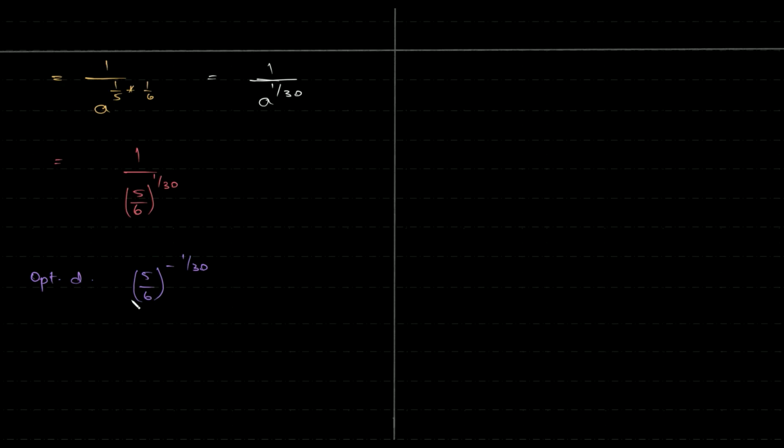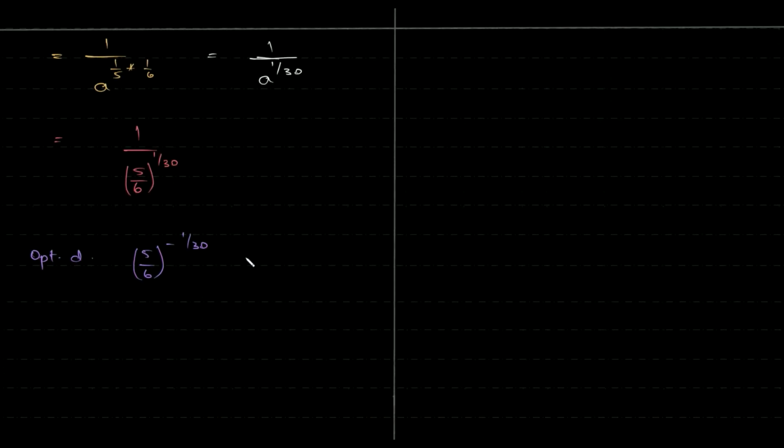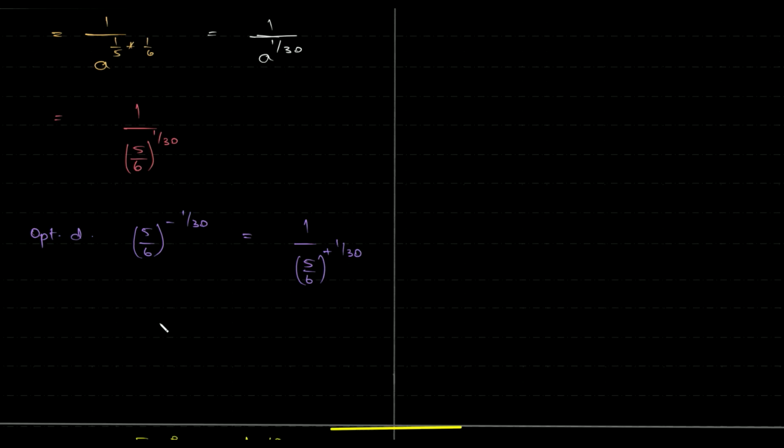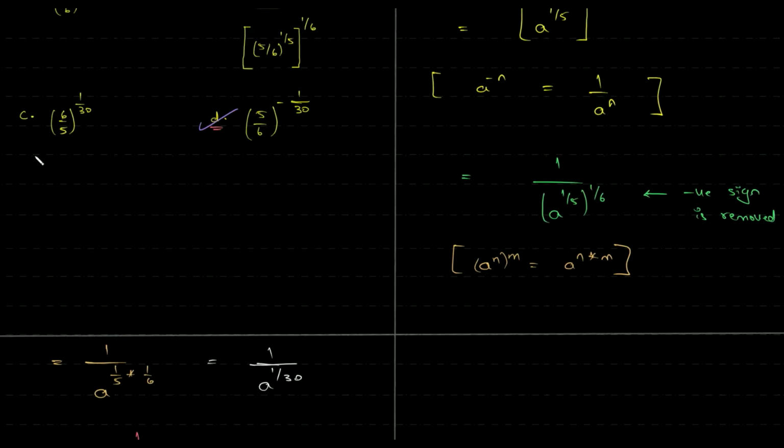Well, is this equal to this? Obviously, we just learned that anything raised to the power of negative term, we have to invert it. And so we have this to be 1 by (5/6) whole to the power of plus 1/30. So option D is correct.